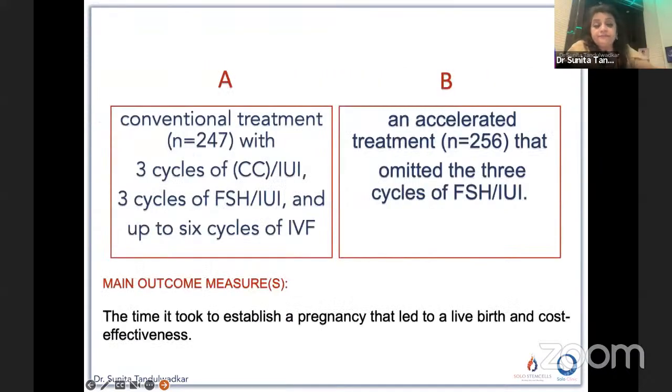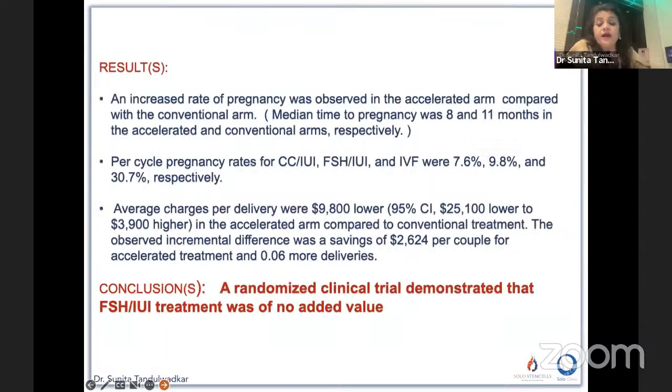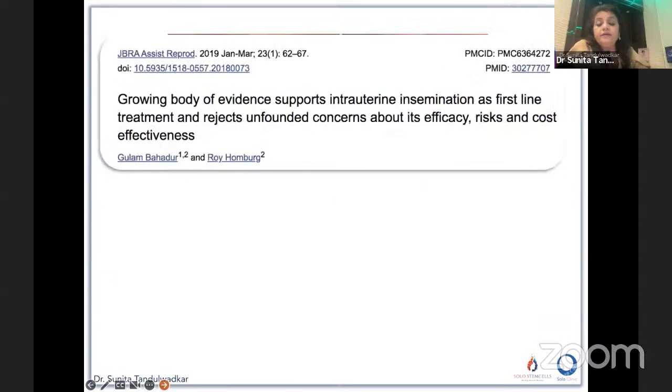The FASTT trial, where they omitted the IUI cycle, is under question because growing evidence supports IUI. In the FASTT cycle, they said, even in the UK, these were the UK guidelines, and they themselves, only 4% of the people have adopted that IUI is not good, only an expectant line of treatment.